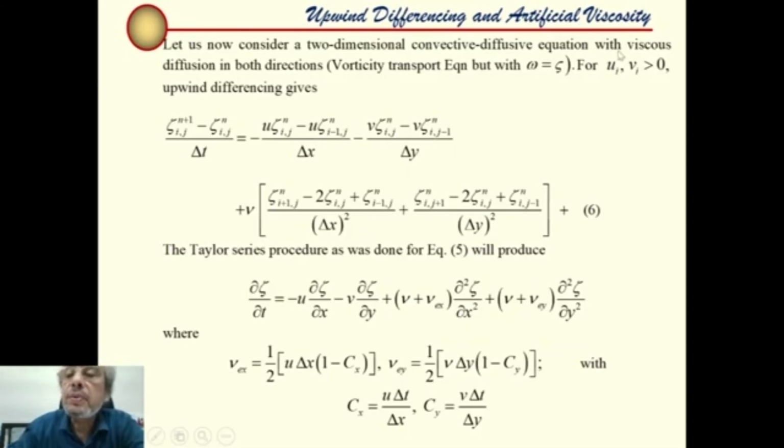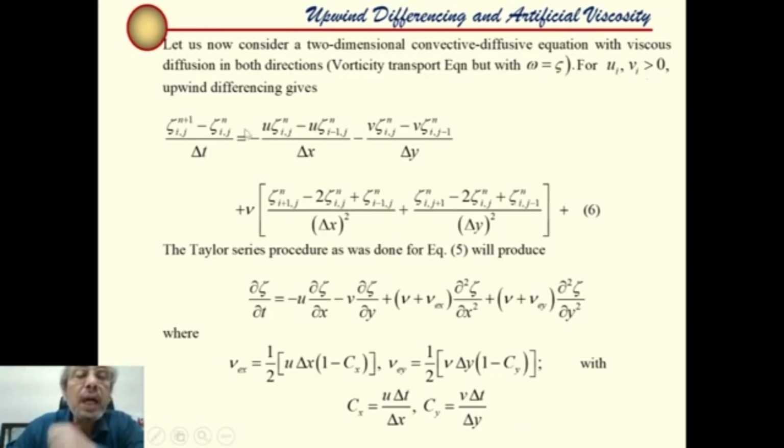Now let us consider a two-dimensional convective diffusive equation with viscous dissipation in both directions. We will use the vorticity transport equation and substitute zeta by omega, and our velocities ui and vi both are positive.